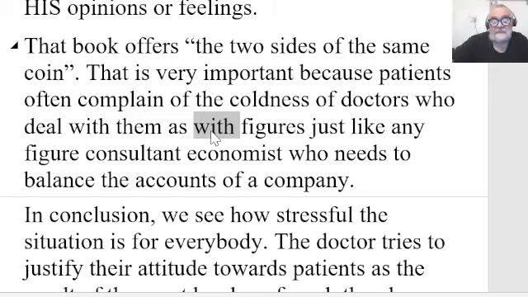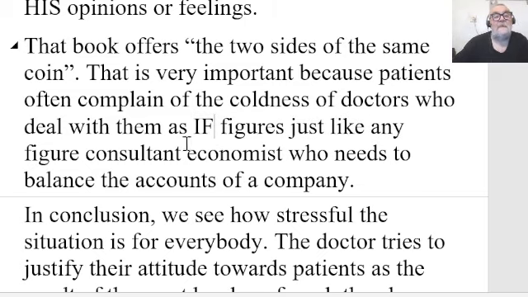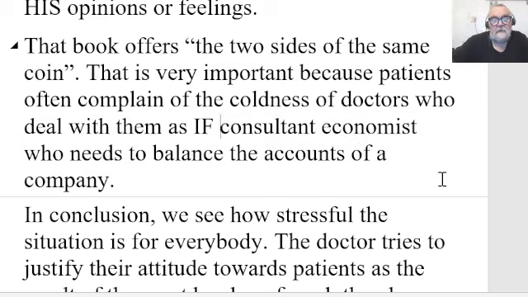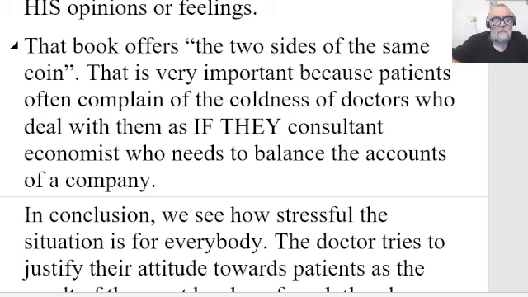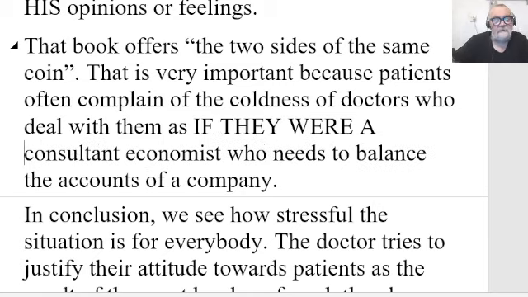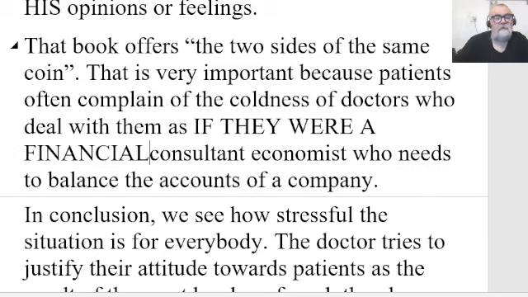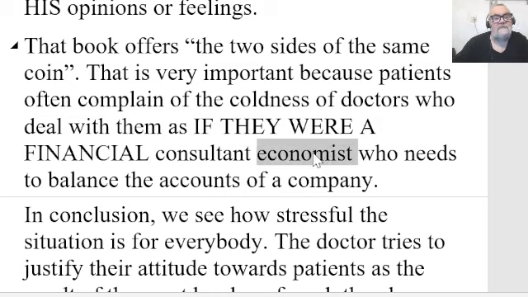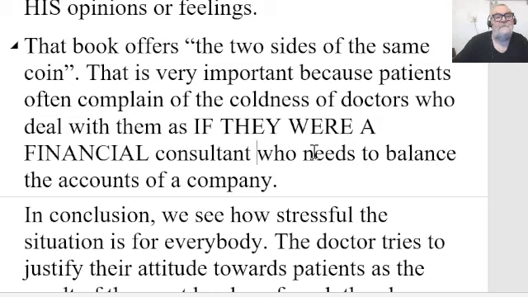as if they were a financial consultant. As if they were a financial consultant who needs to balance the accounts of a company.